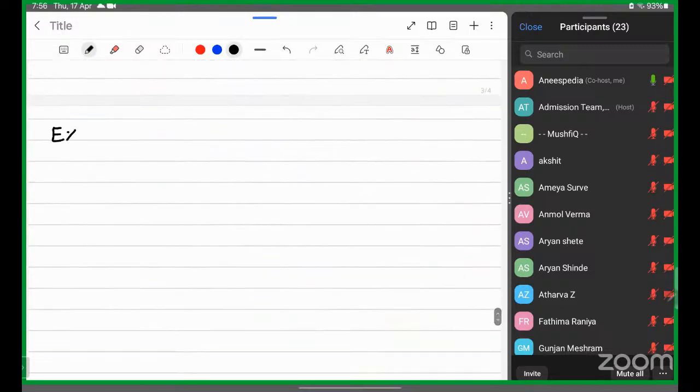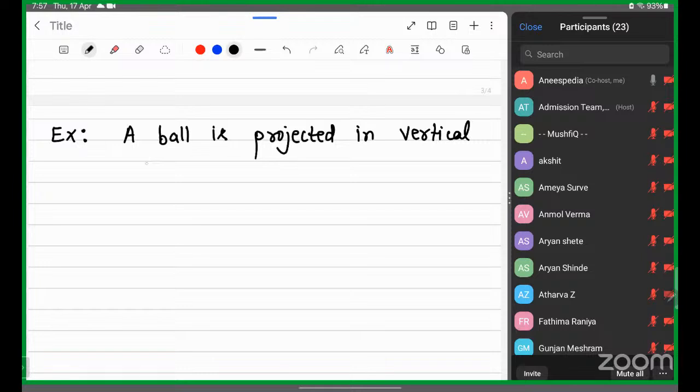Let's say question is, a ball is projected vertically up, or in vertical direction upwards, with speed 10 meter per second.